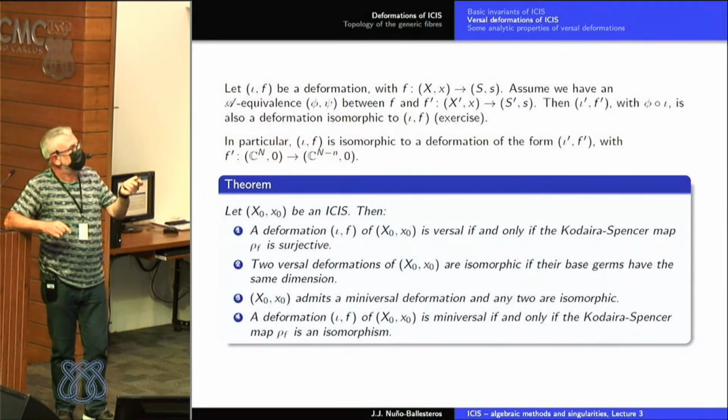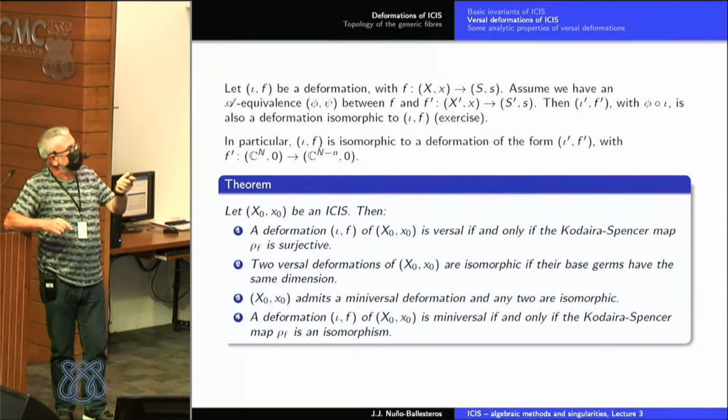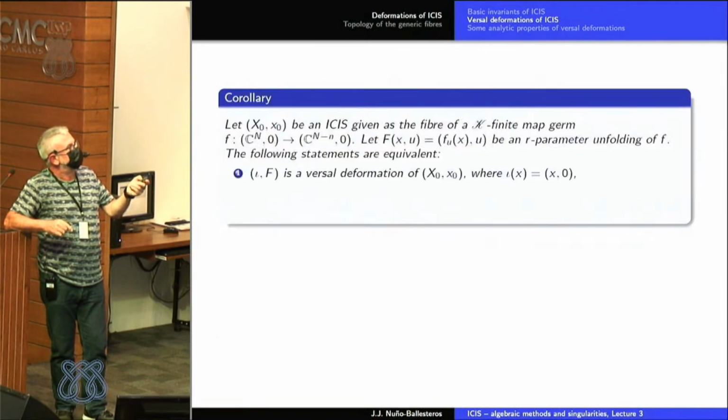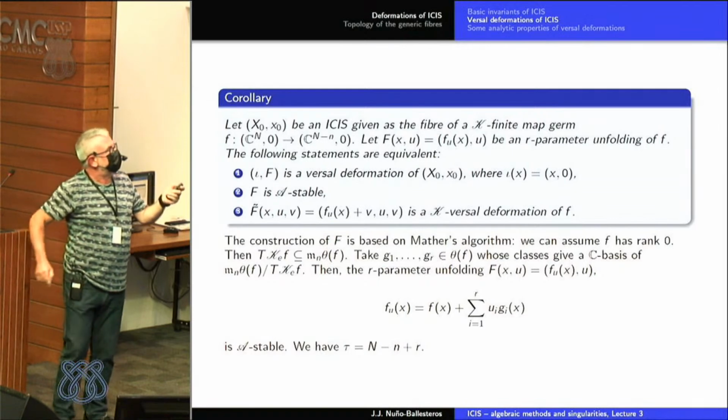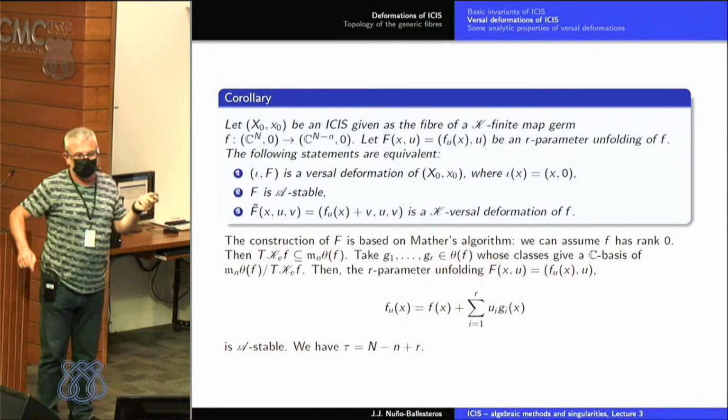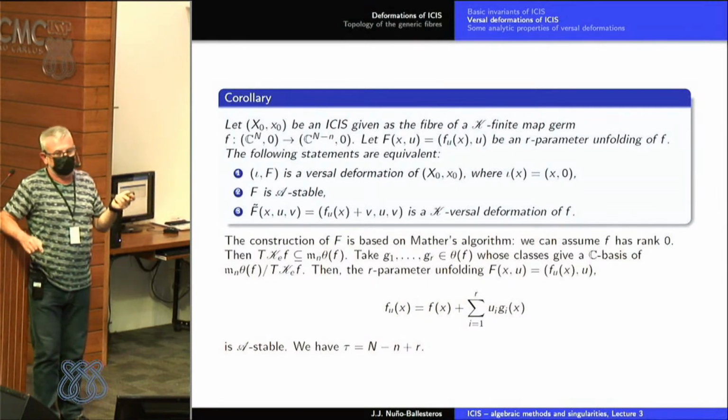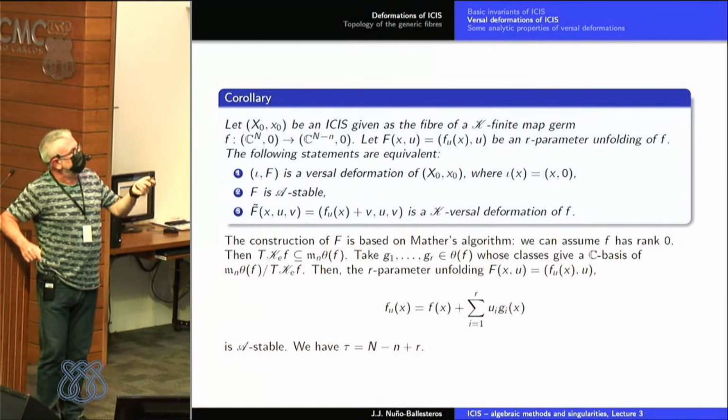So the equivalence between 1 and 2 is given by this point 1. Well, the construction of F was also explained yesterday in lecture 2 by Roberta, and is based on Mather's algorithm.